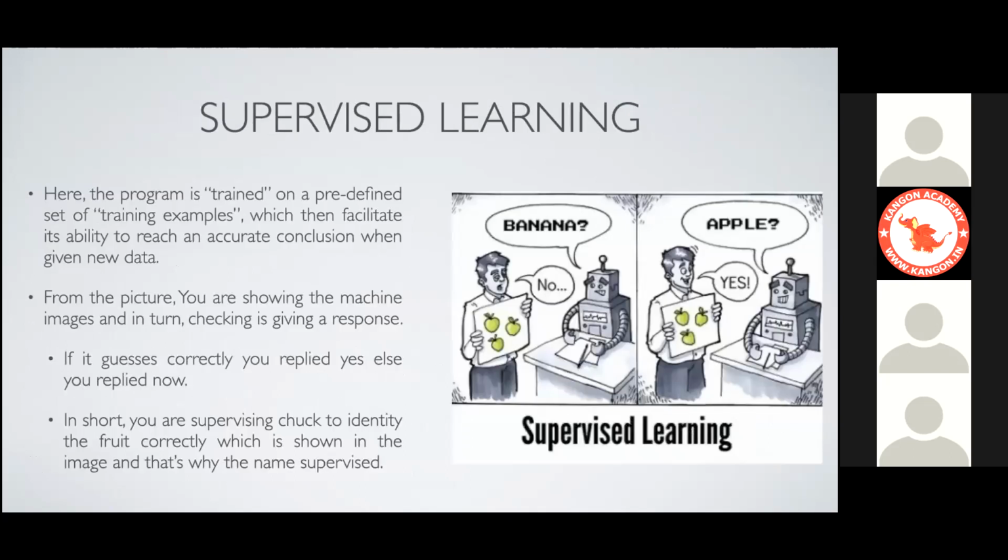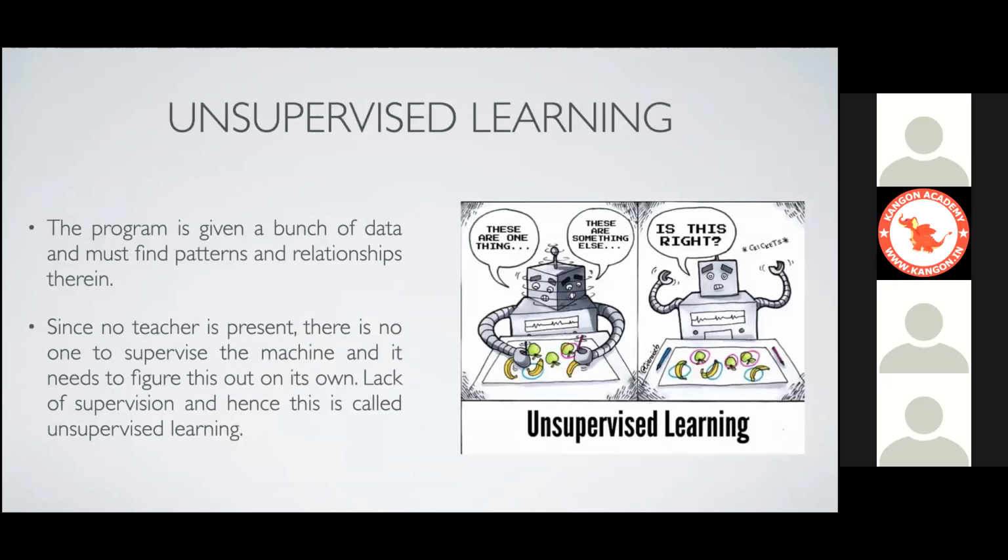For example, suppose there are 10 pens. If I ask you to put the cello pens together, the link pens together, and the fountain pens and markers together, then you have to understand that it's a task of unsupervised learning. It's a task of clustering, because grouping and organizing things together is unsupervised learning.